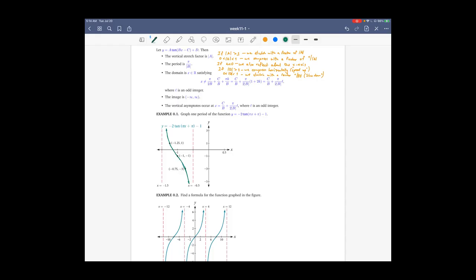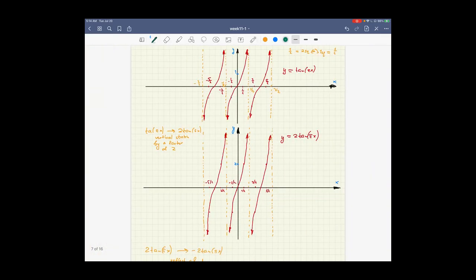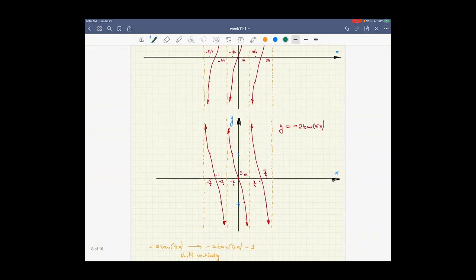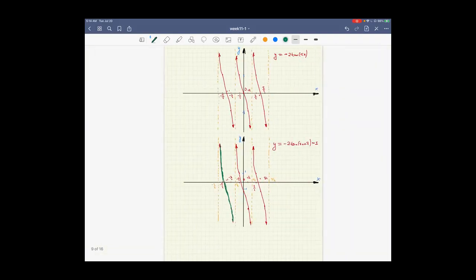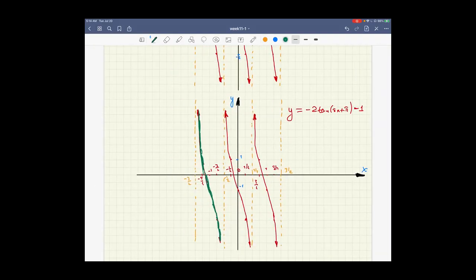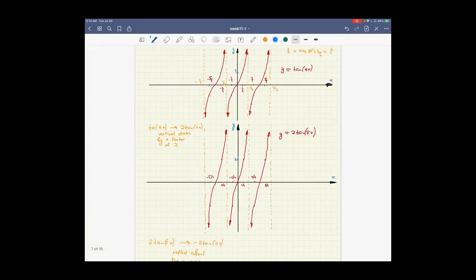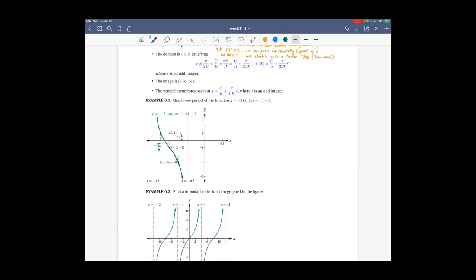Right, the points are -5/4, 1, -1, -1, and -3/4, -3. Exactly the ones that we have here. All right, this example is now finished.